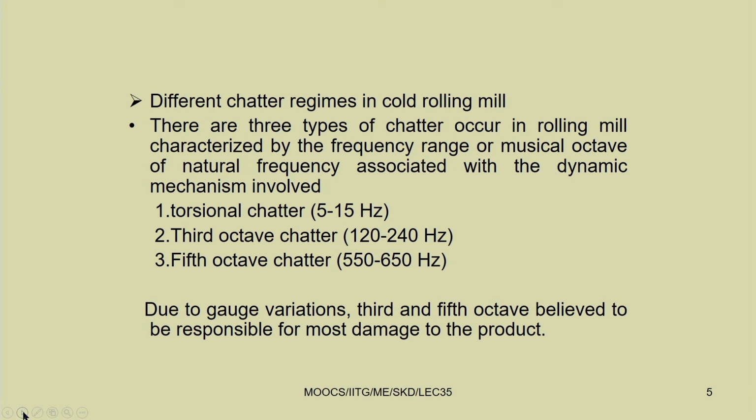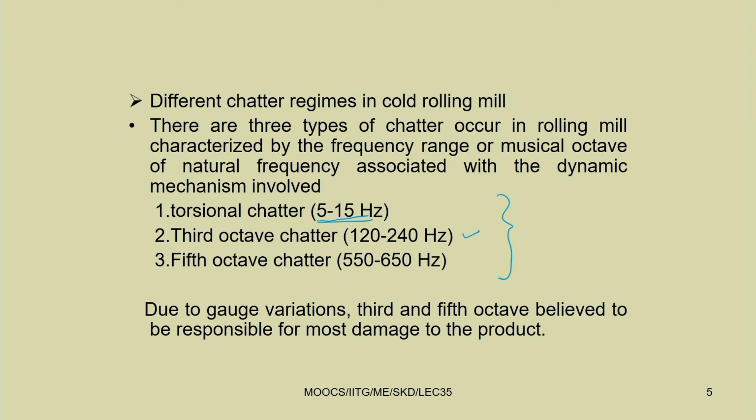One is the torsional chatter, which generally occurs from 5 to 15 hertz. Then third octave chatter, at 120 to 240 hertz. Then fifth octave chatter, which you can see from 550 to 650 hertz. Generally these three types of chatter occur in the rolling mill.